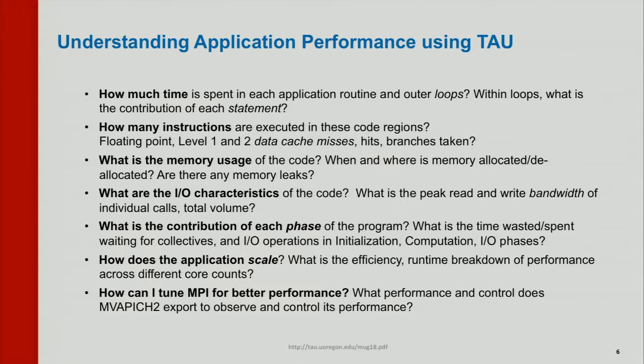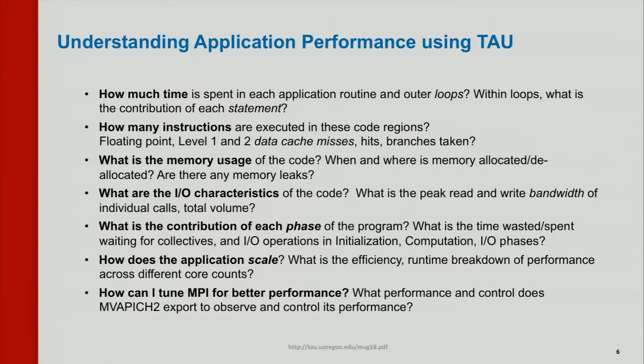You can look at the I/O characteristics of your code, such as which files are accessed, what is the bandwidth, what is the total volume of I/O, along which calling paths. You can see the contribution of each phase of your program and see the contribution of, say, I/O or MPI operations with respect to different phases. You can see how the application scales, what is the efficiency, runtime breakdown.